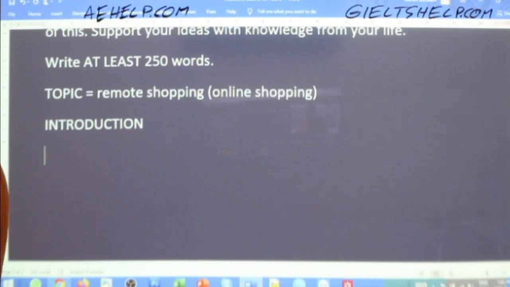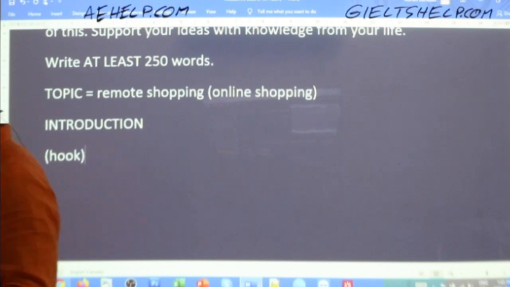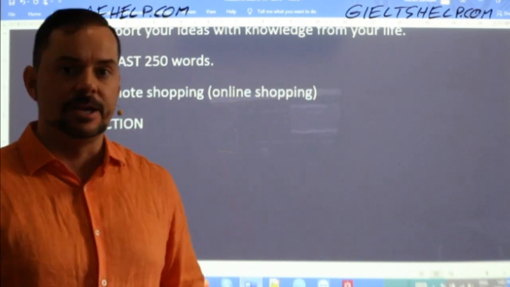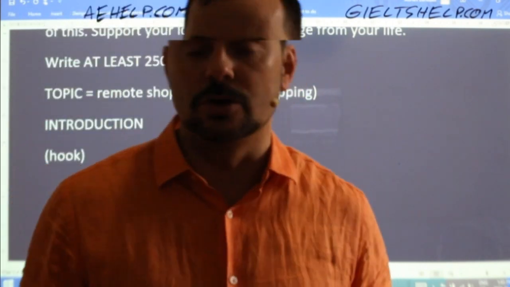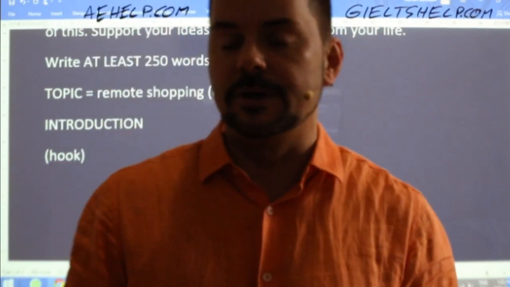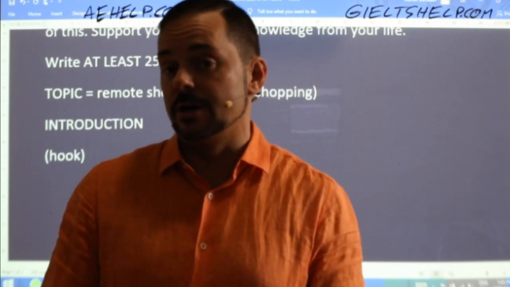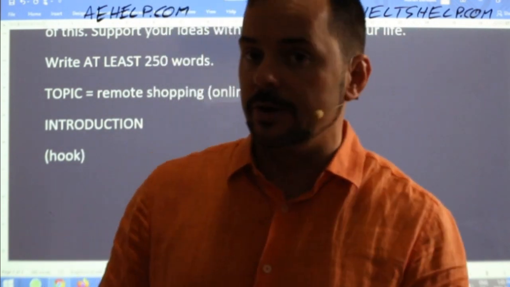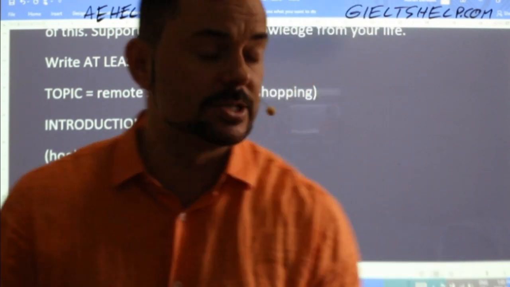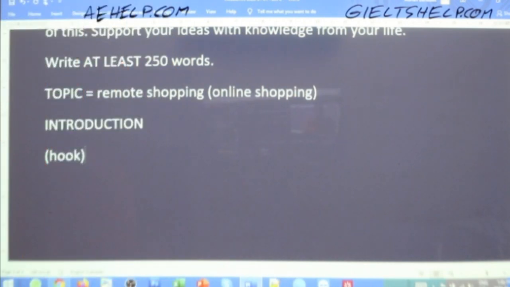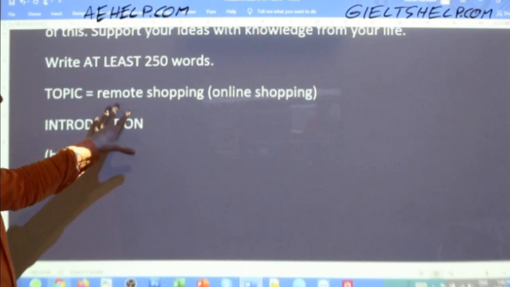The introduction starts with the hook, students. I'm going to focus more today on the elements of the essay rather than the essay planning. As many of you that are regular students know, we often begin with essay planning, which is a very important skill to practice. Today, we're going to focus more on essay structure, okay?